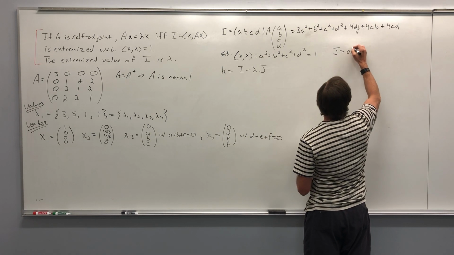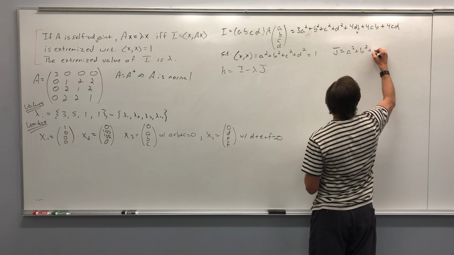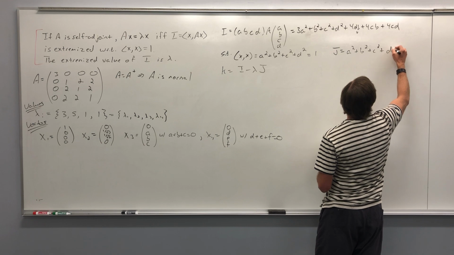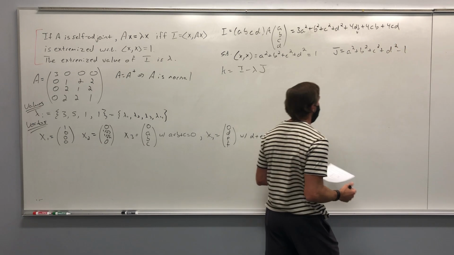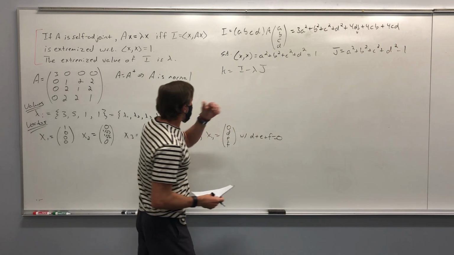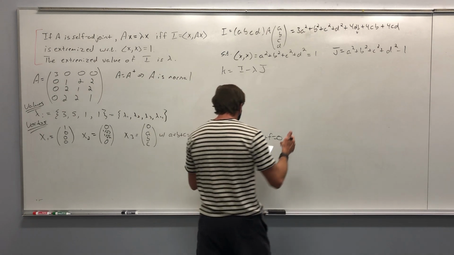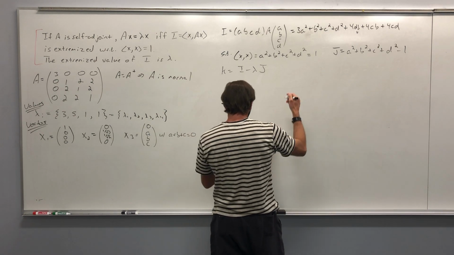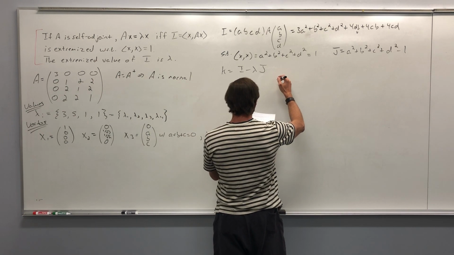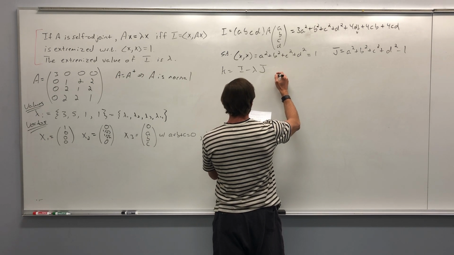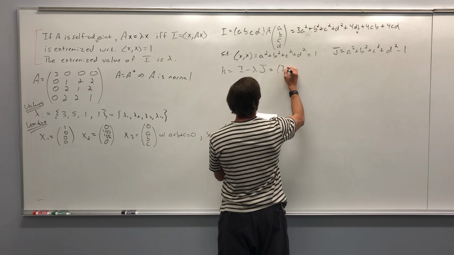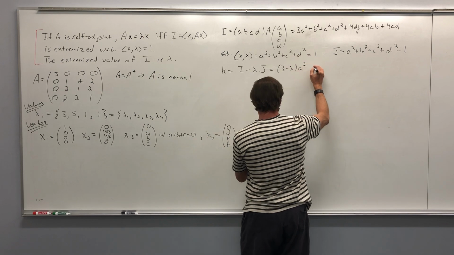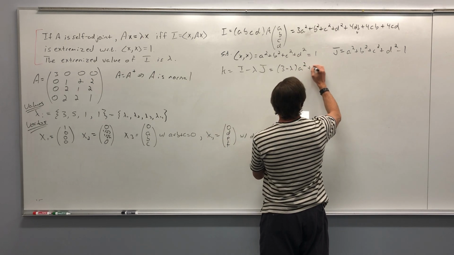So J is a squared plus b squared plus c squared plus d squared minus 1, which equals 0. We form K by taking I and subtracting a Lagrange multiplier, lambda, times J, and that's going to give us, after some rearranging, 3 minus lambda a squared.